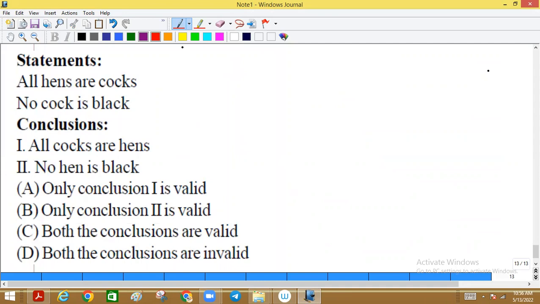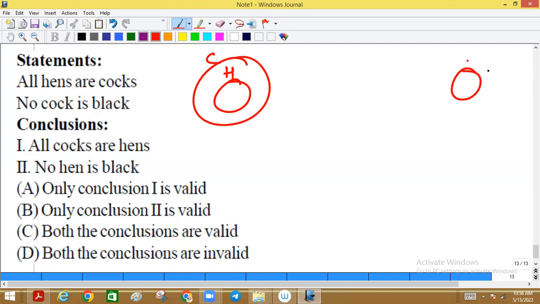Statements: all hens are cocks, no cock is black. So which one is correct and which one is wrong? Only conclusion is correct because all hens are cocks. He's saying that all hens are cocks. Why am I not writing like this, all cocks?